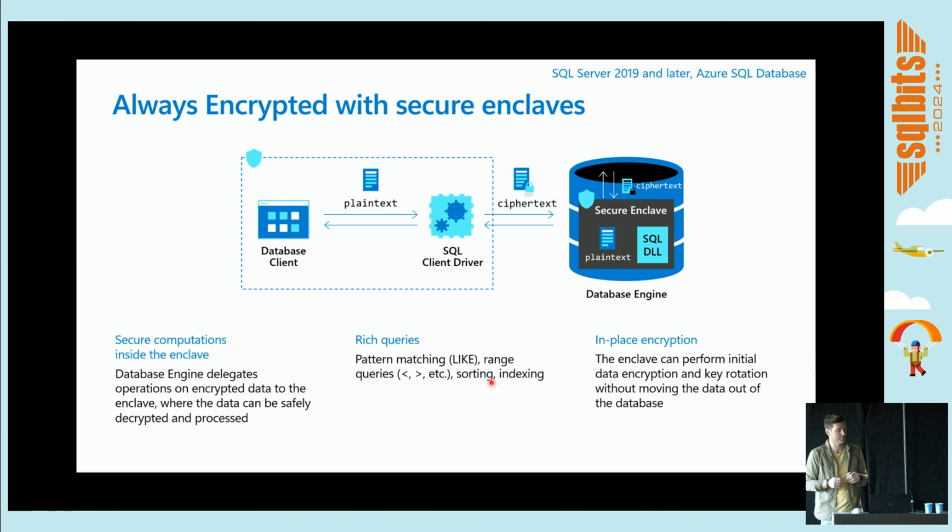With the enclaves, we don't need to do that. The data can stay inside of the database. We're just using the enclave to do the initial encryption. So much more secure and much faster. Same for key rotation. If you want to do key rotation, the data doesn't have to be moved out of the database. Make sense? Everybody still with me on a Saturday morning?